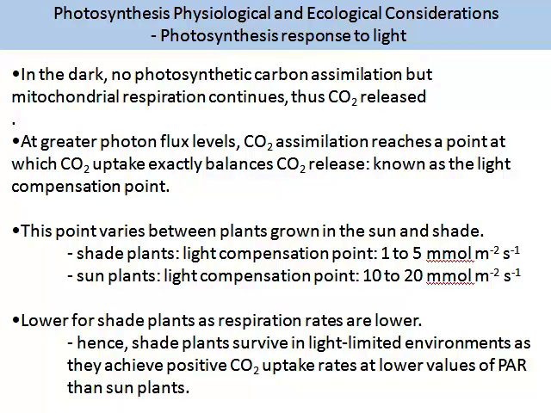This point varies between plants grown in the shade and plants grown in the sun. For example, the light compensation point for shade plants is 1 to 5 micromoles per meter squared per second, whereas the light compensation point for sun plants is somewhere between 10 to 20 micromoles per meter squared per second. It is lower for the shade plants as respiration rates are lower. Hence, shade plants survive in light-limited environments as they achieve positive carbon dioxide uptake rates at lower values of photosynthetically active radiation than sun plants.